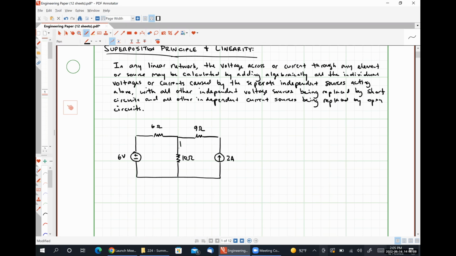Our quantity of interest will be the current flowing through the 10 ohm resistor with a direction down, which I have labeled IX.